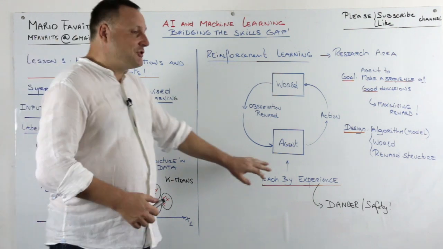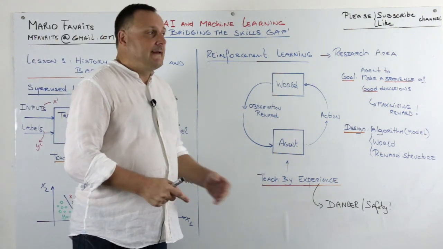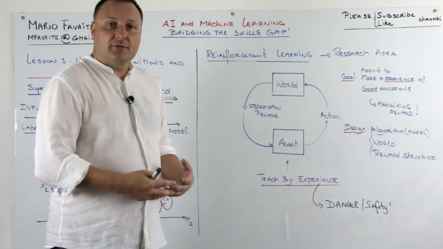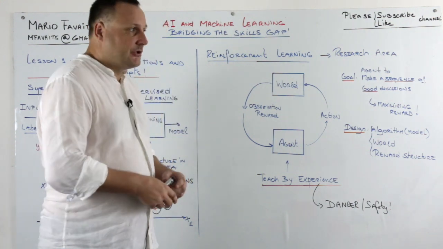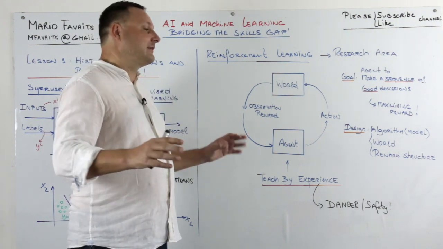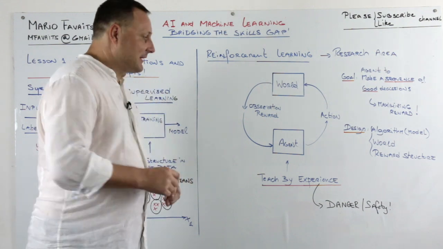What is, of course, a big issue with teaching by experience? I give an example of autonomous vehicles. You cannot put an autonomous vehicle on the road, on a public road, and let it learn by experience. This would be a disaster. There will be accidents all over the place.